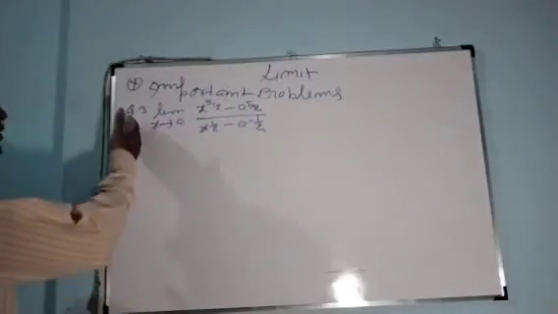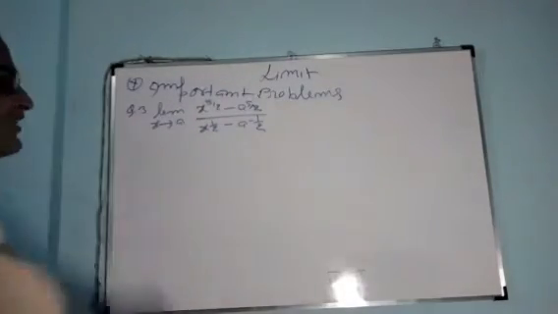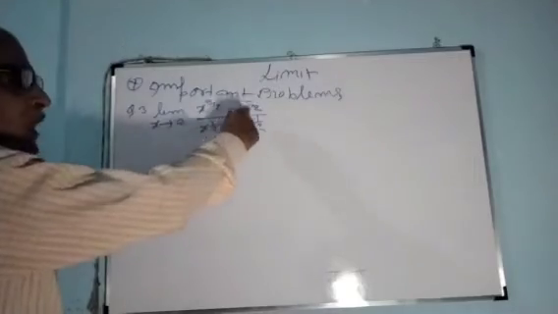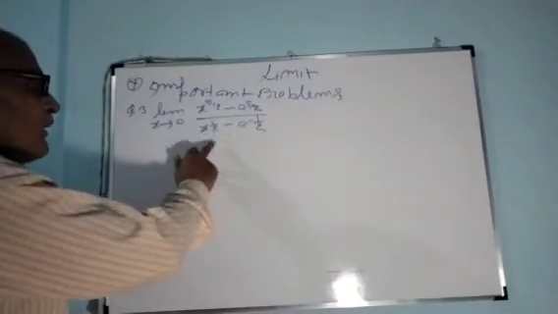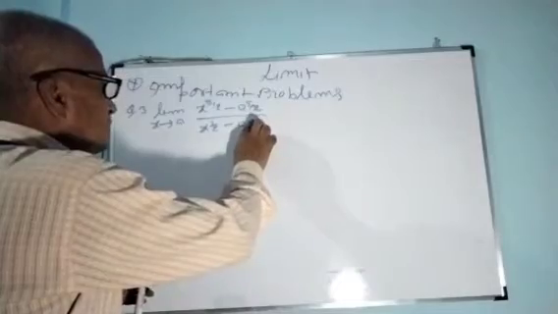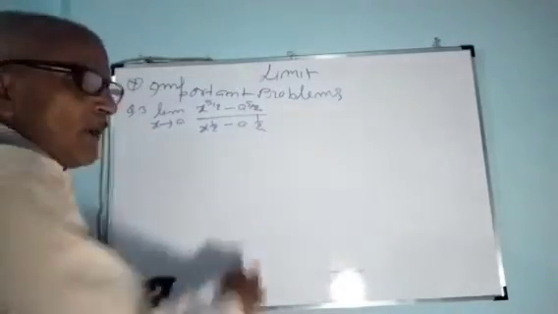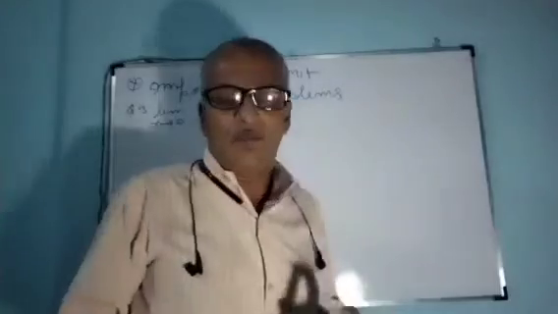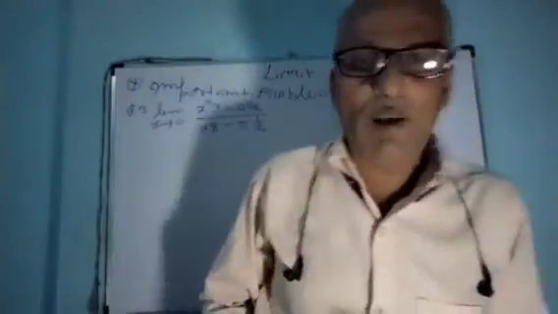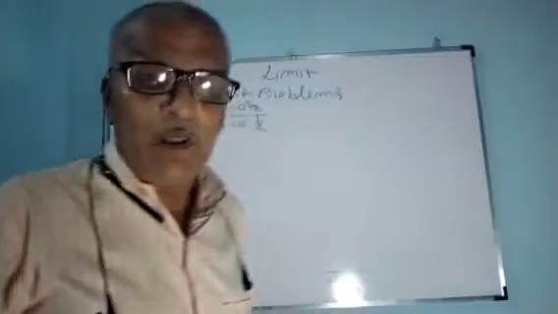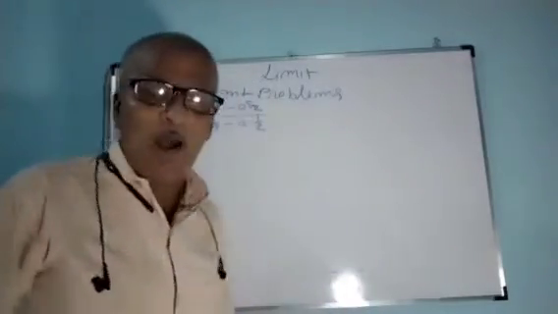Next question, question number 3. Limit x tends to a, x to the power 5 by 2 minus a to the power 5 by 2 by x to the power 1 by 2 minus a to the power 1 by 2. We have learnt a formula for obtaining the limiting value of the algebraic functions. Here we will use that formula.